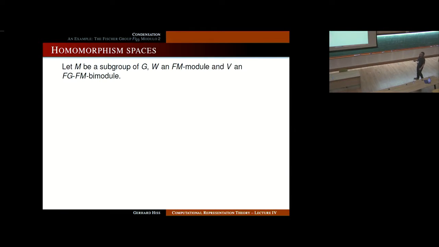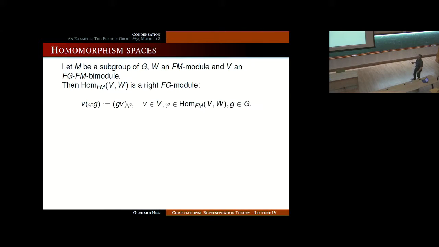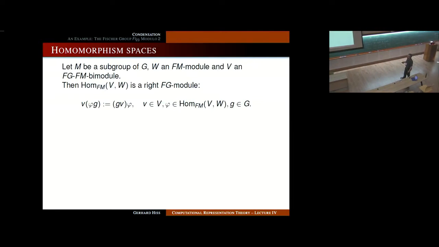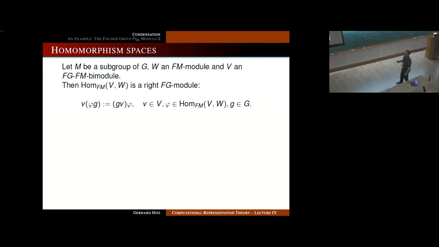So if you have a subgroup M of G, W an FM module, and V a module which has a right FM action and a left FG action, and these actions commute, you can make this homomorphism space into a right FG module by just applying this rule. So phi is one of these homomorphisms, and phi g would be the homomorphism which you obtained by acting with g. You apply it to a vector v, and this is the rule. This is a standard construction in module theory.